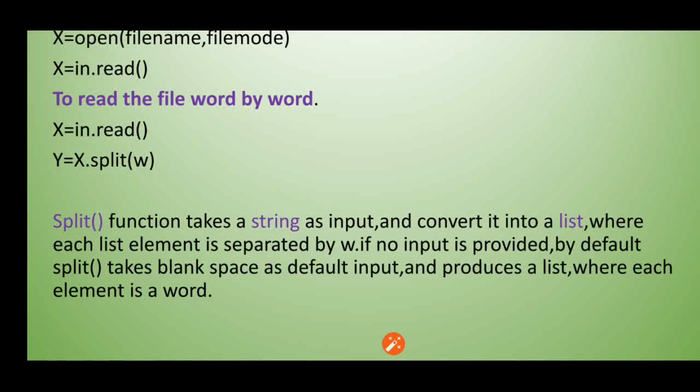So if we provide w equals to @, then the entire content will be converted into a list where each list element is separated by @. If we do not provide anything in the round bracket of split, by default it takes blank space, and as an output it produces a list where each element is a word.